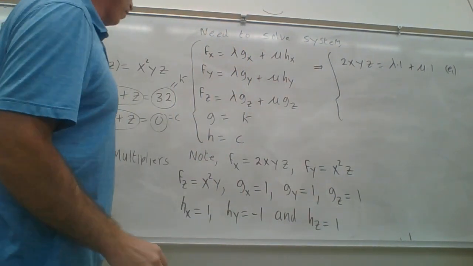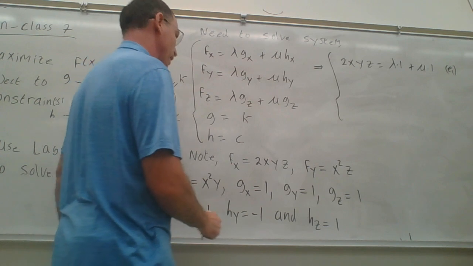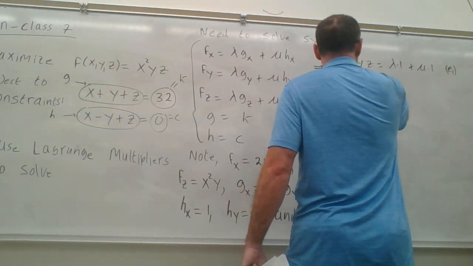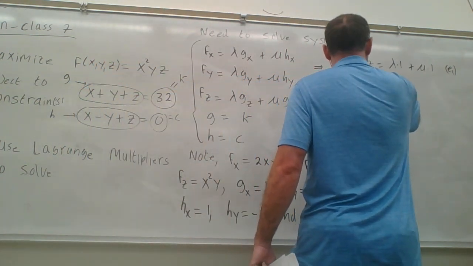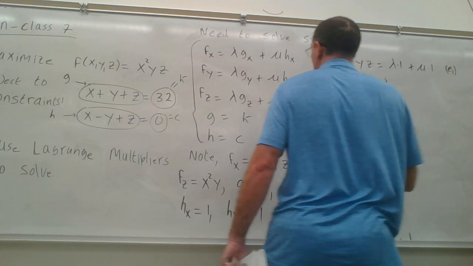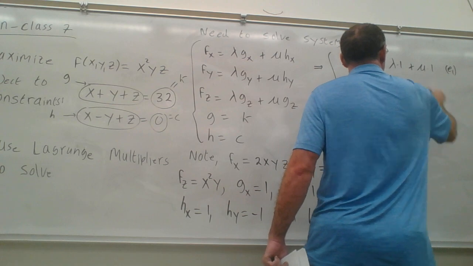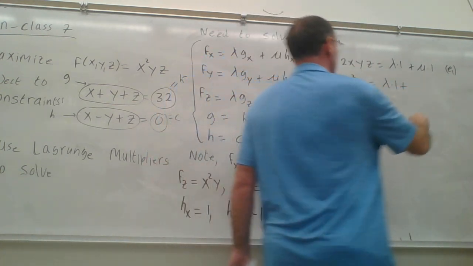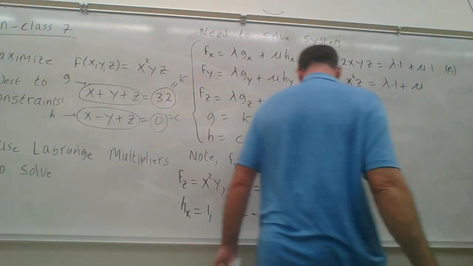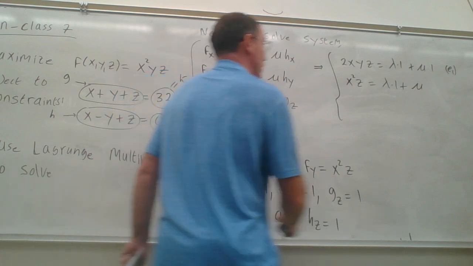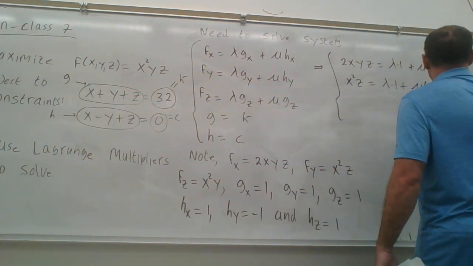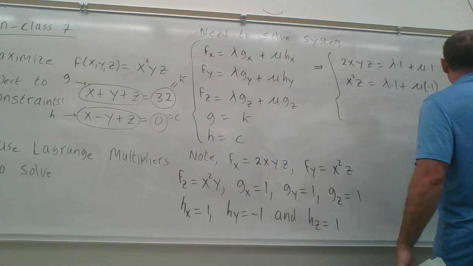Okay, and then we have f of y, so f of y is x squared z equals lambda times g of y, which is 1, plus mu times h of y, which is minus 1. Call this equation 2.